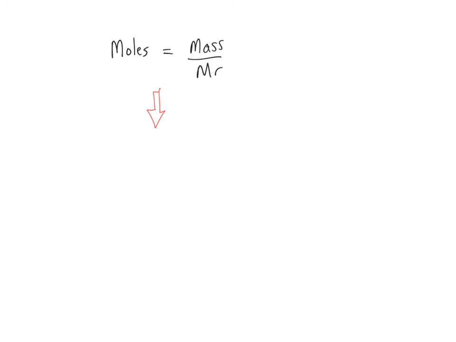And so to rearrange it using algebra, if we wanted to calculate mass, say, what we would have to do is multiply both sides of that equation by the relative formula mass, by the MR. And so what we'd have is moles on the left-hand side multiplied by MR is equal to mass on the right-hand side that was already divided by MR. We're now multiplying it by the MR as well.